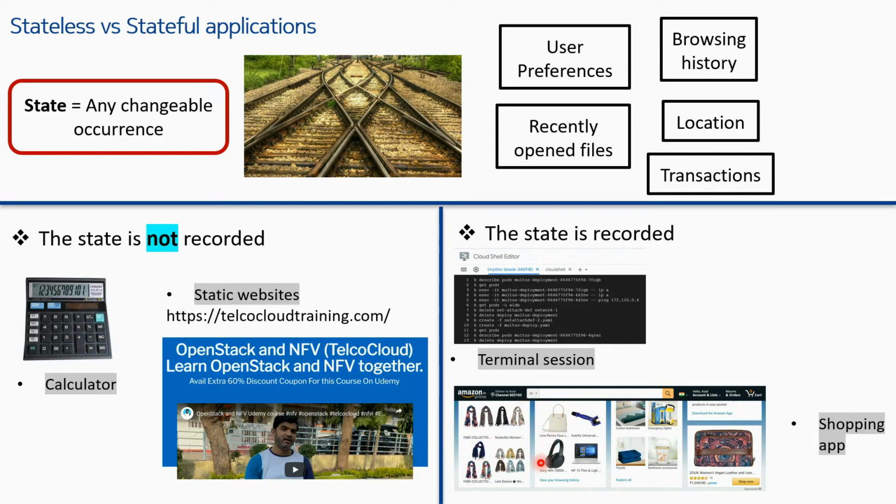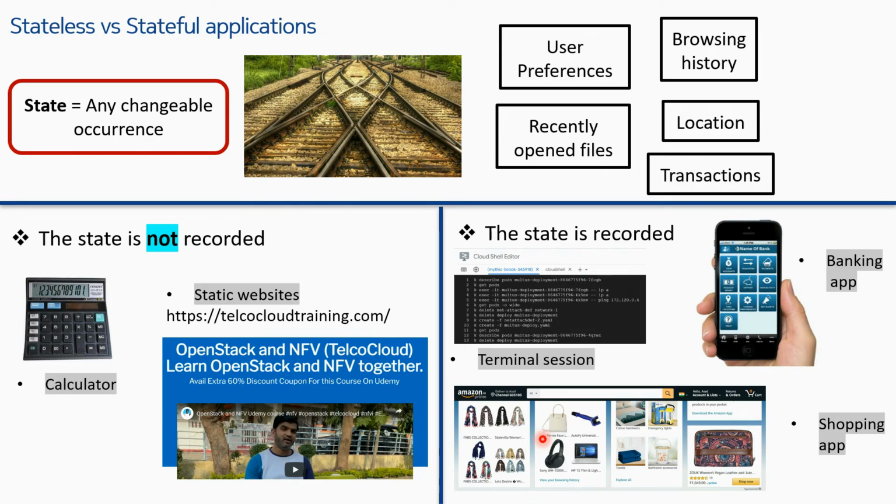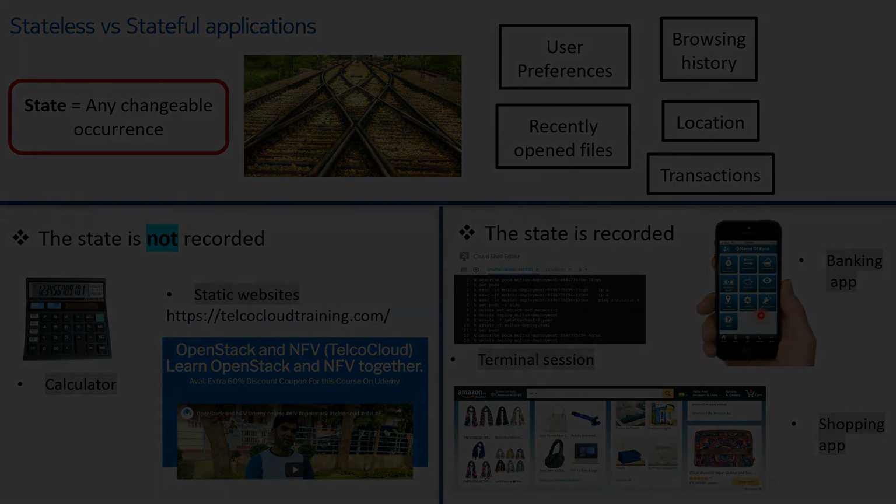Your banking app keeps track of your mobile's IMEI number, your location, your network coverage, your past and present transactions, your user logins, session timing, everything. So this is an example of a stateful application.